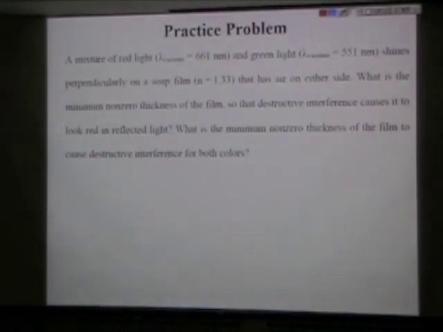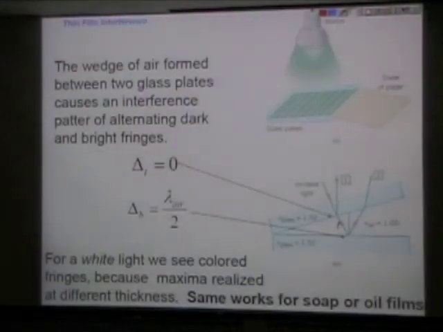Well, and now you can solve any problem. This problem is related to this kind of device or this situation. Here what we have is a film of air between two pieces of glass. If you look at it from the side, you actually can see, again, colored lines. Why are they there?